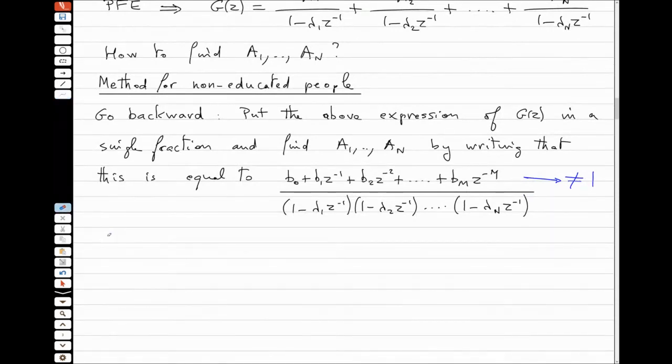Now you also have the method for educated people, and you know what this is about. Method for educated people.